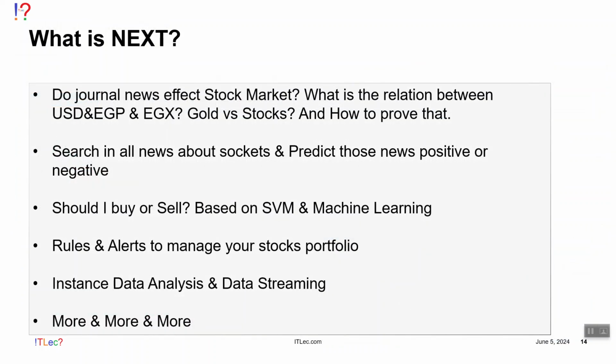The most important question is, what is next? Next is how to link or to answer those rumors or journal news, or whatever news we have on television or in the street, that affect the stock market, and what is the relation between USD, the Egyptian pound, and the Egyptian stock market.